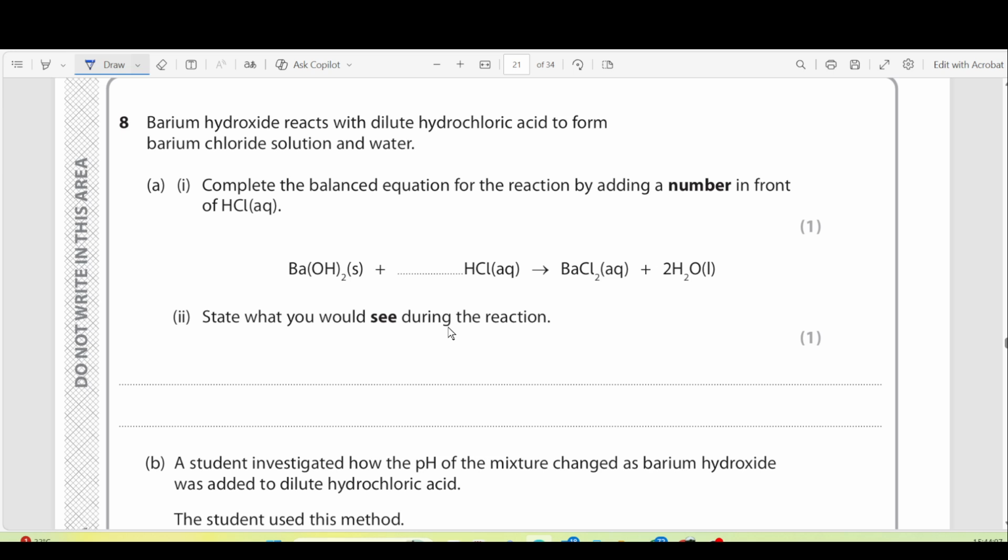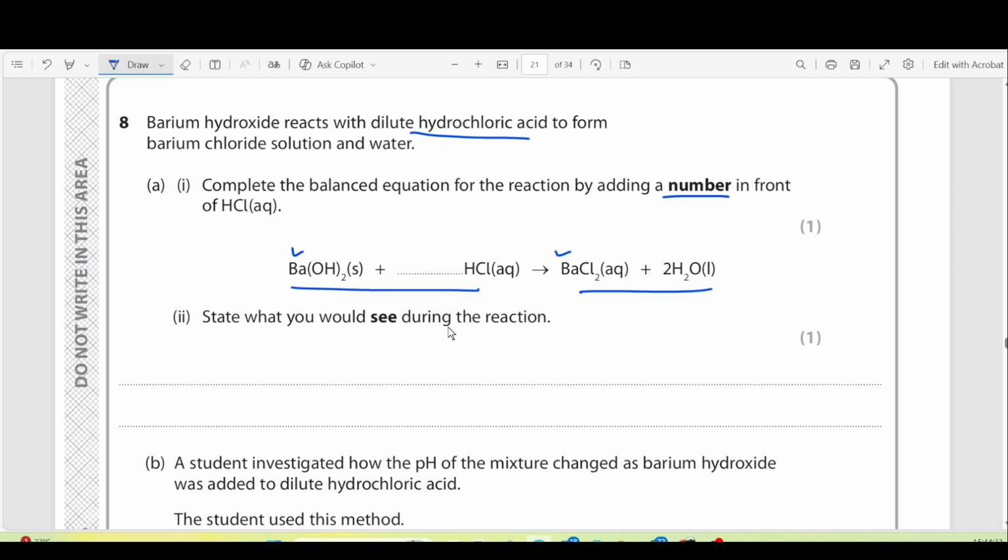Okay, let's get started. Barium hydroxide reacts with dilute hydrochloric acid to form barium chloride solution. Complete the balanced equation by adding numbers in front of HCl. Balanced means the number of atoms on both sides should be equal, reactant side and product side. As you can see, barium on the reactant side is 1, so it is balanced.